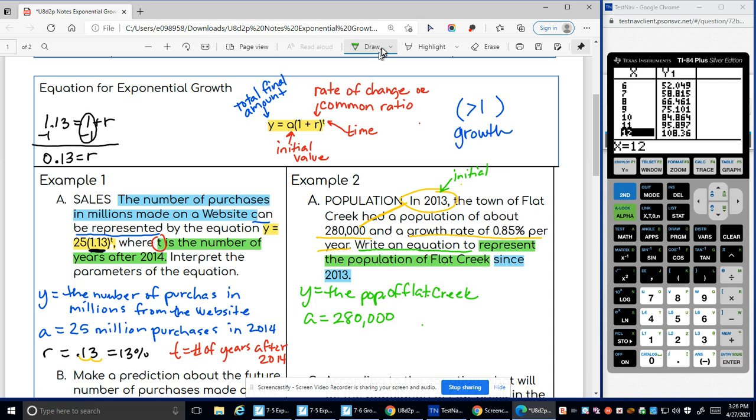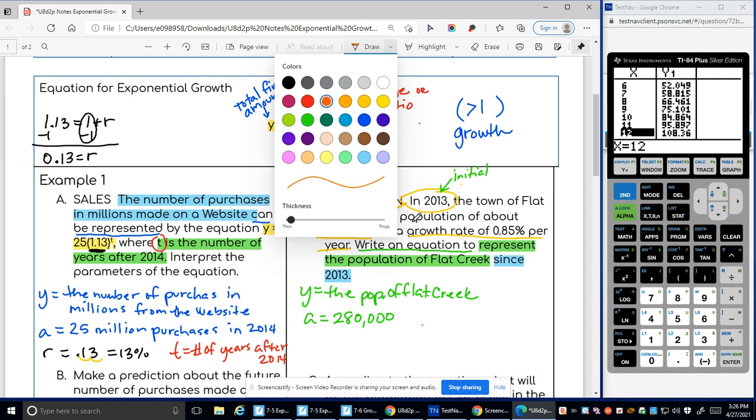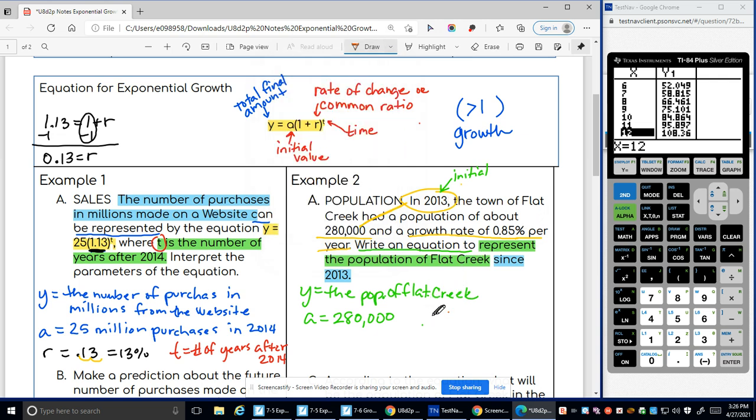Now we have a rate of change, which they give to us in a percent, right? So we need to keep that straight. Last time we had a percentage and we want to move it. So let me show you here. We have a rate that is at 0.85%. Whenever you have decimals, if you start with the decimal and you're going to a percentage, you're moving to the right.